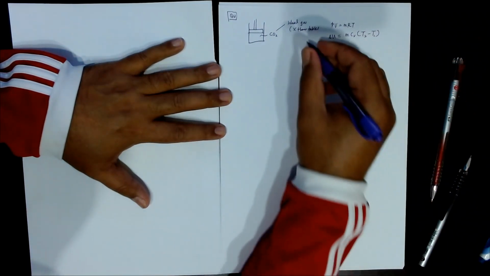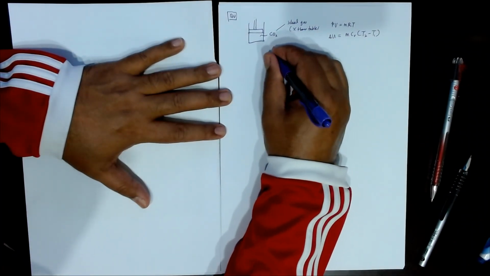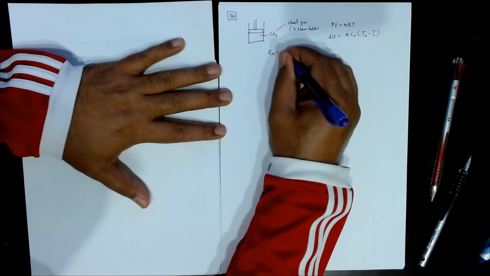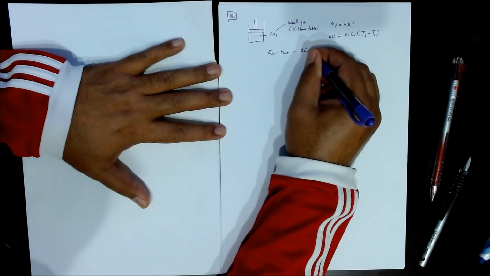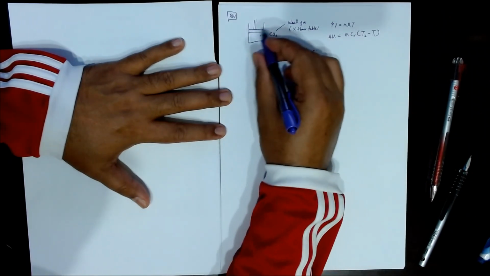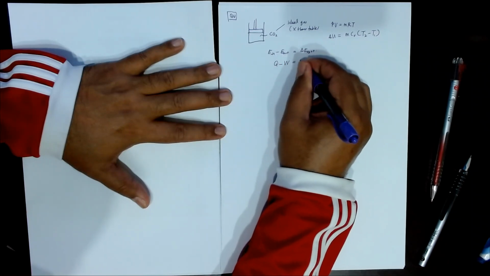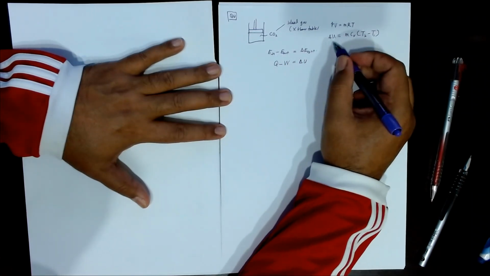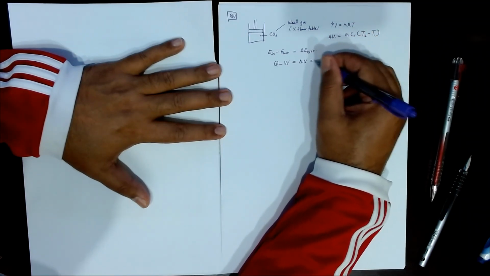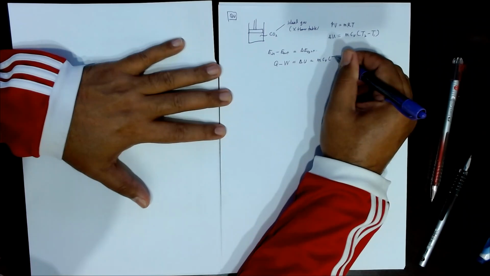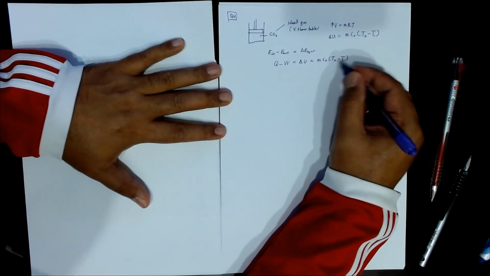It's the same as when we learned the energy equation: E in minus E out equals delta E of the system. Because this is a closed system, Q minus W equals delta U. The delta U for an ideal gas is m Cv (T2 minus T1), final minus initial.